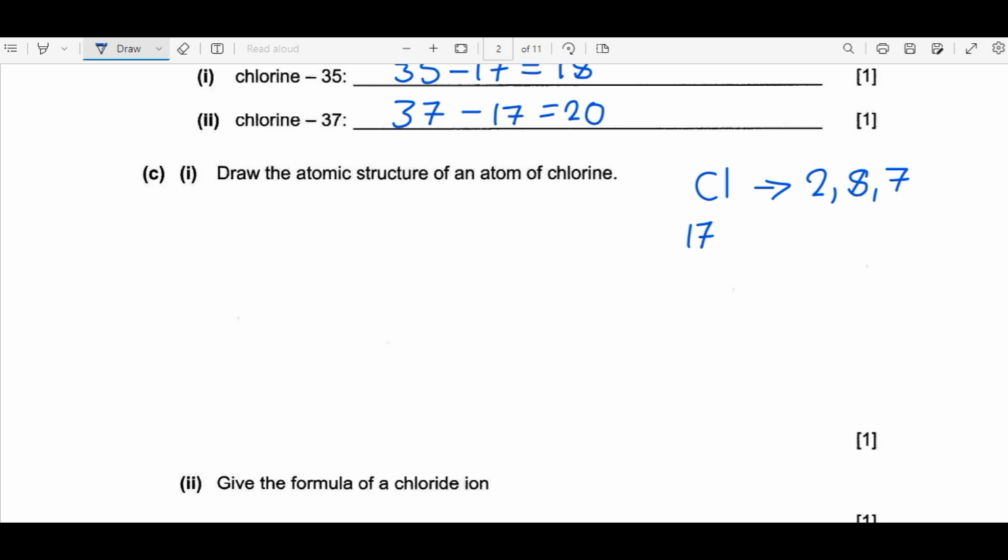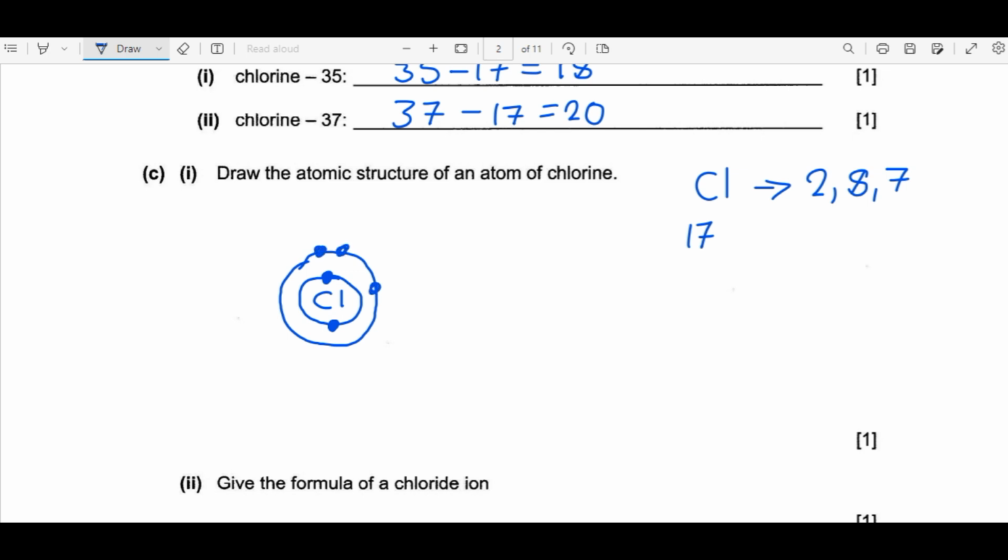So for the atomic structure, you begin by writing the chemical symbol. Then from there, you write the first shell, 2 electrons. Then we'll have the second shell with 8 electrons.